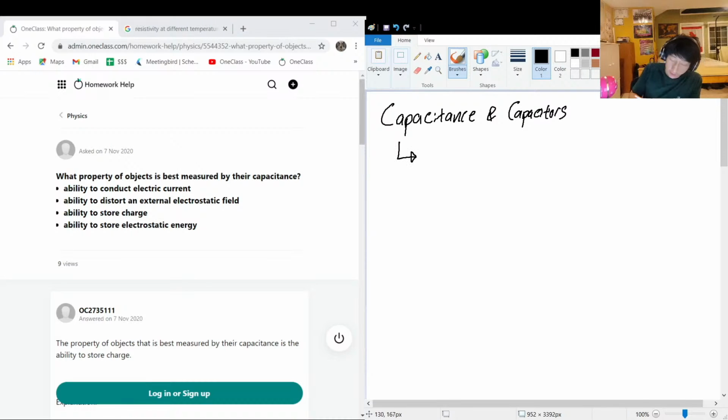So these are electric components, electric circuit components that store energy in the form of charges.